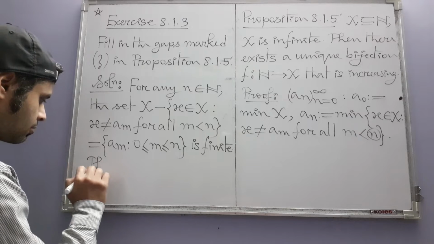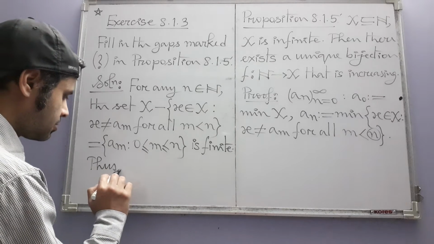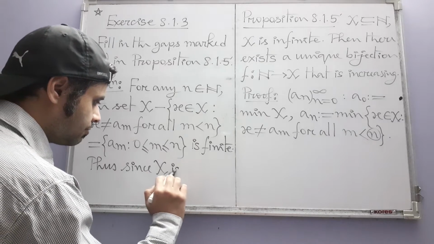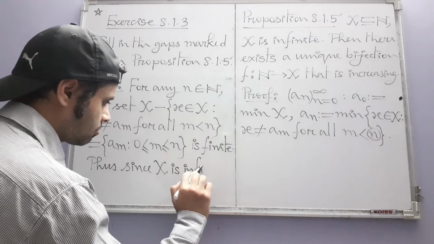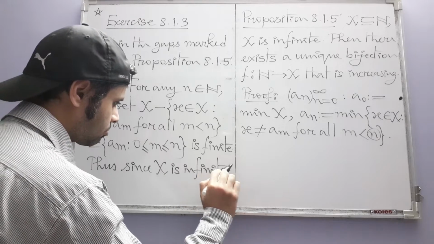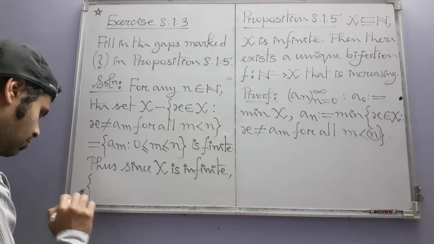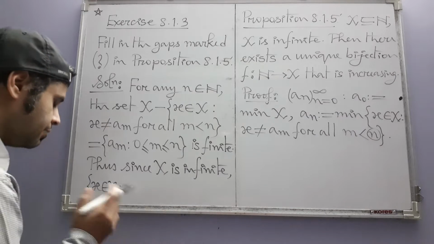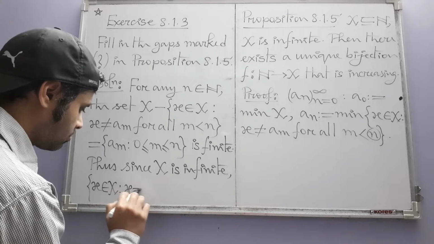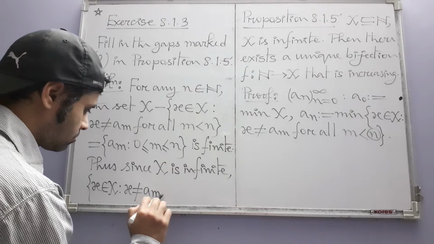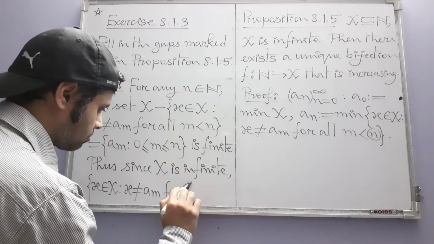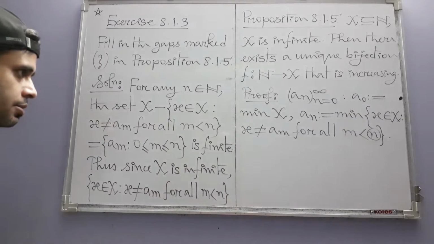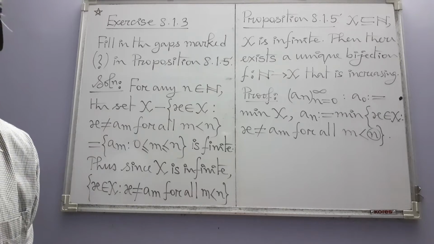Thus, since X itself is infinite, our set in question must be infinite. Is infinite. But why?